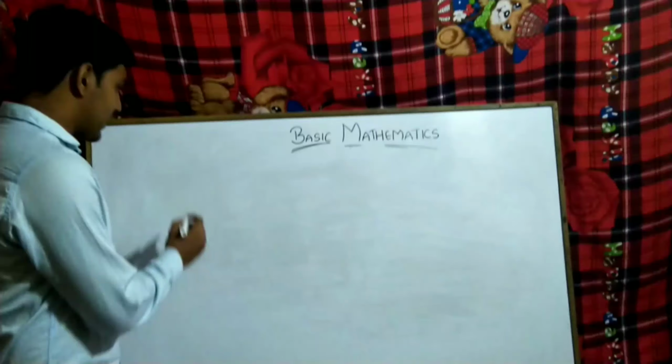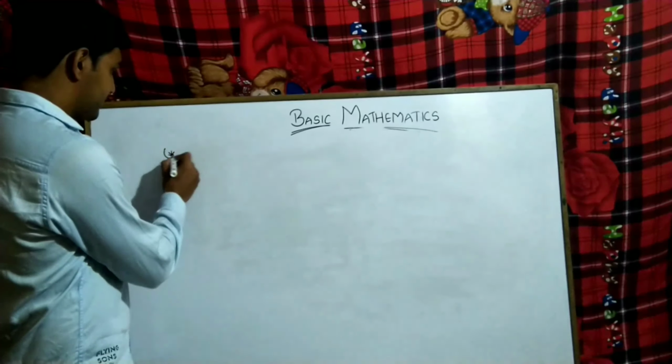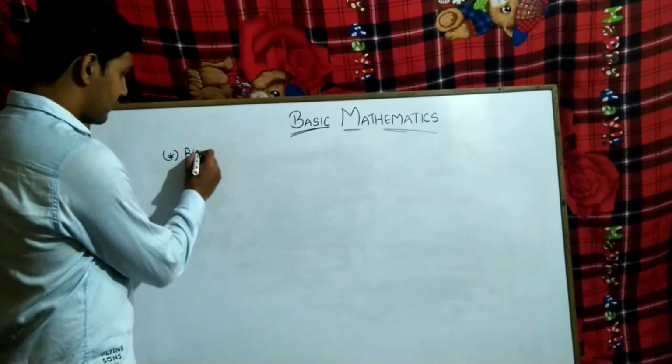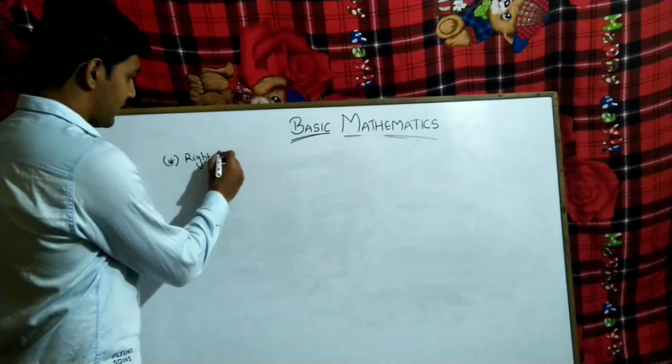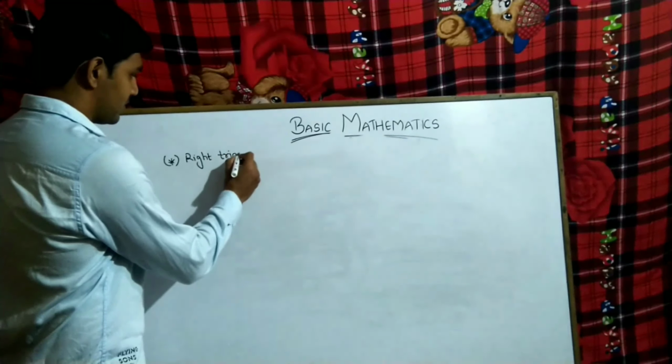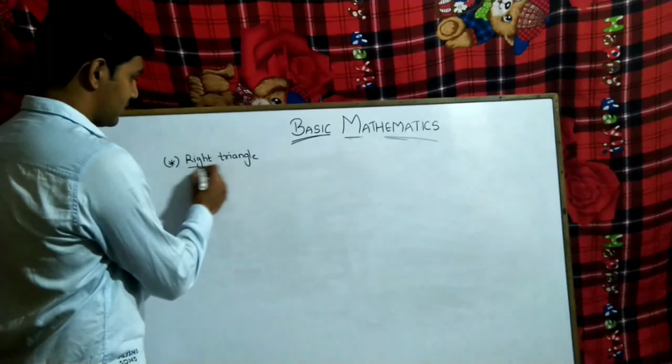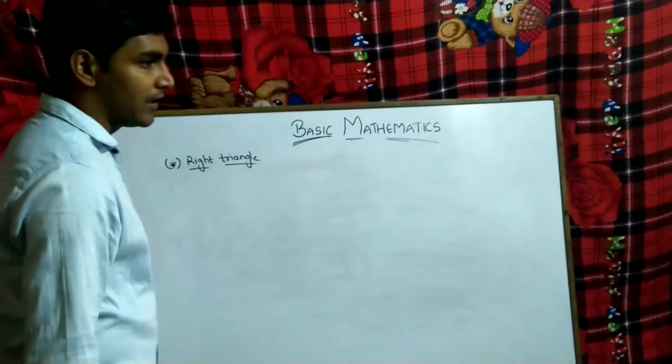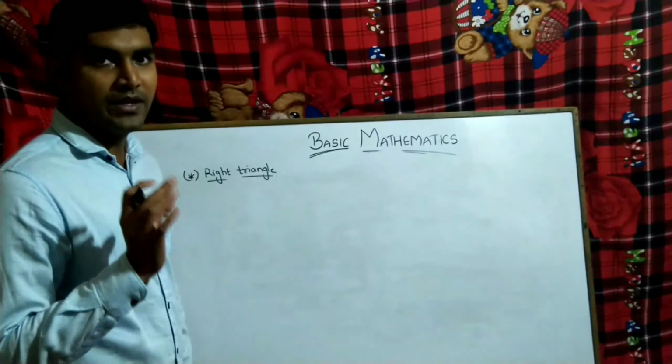For example, if I take a right triangle, in a right triangle one angle should be 90 degrees.